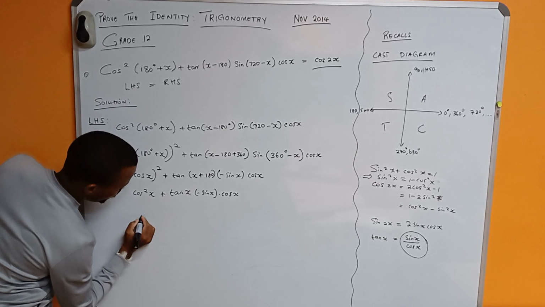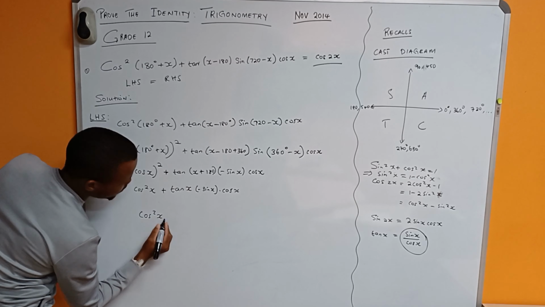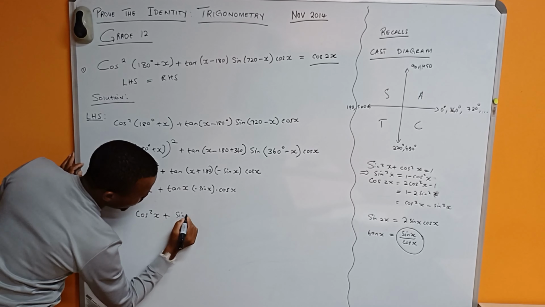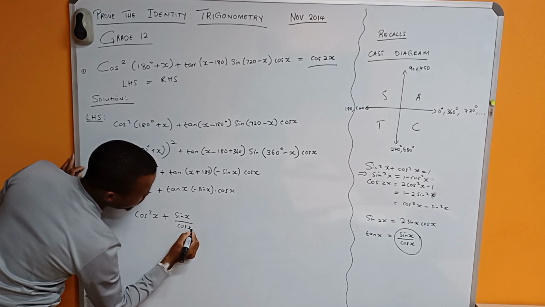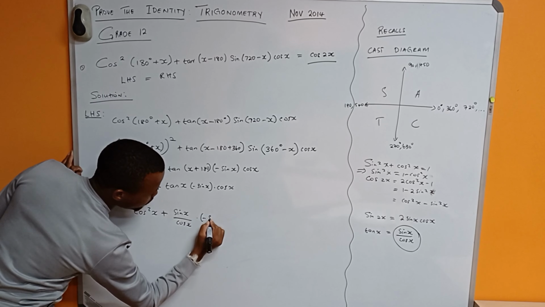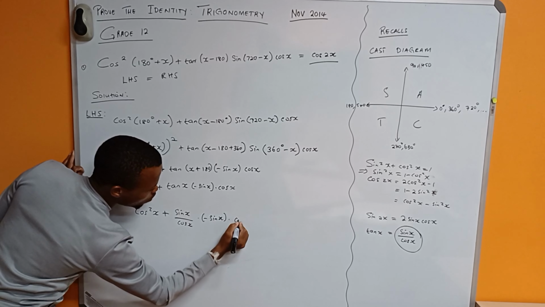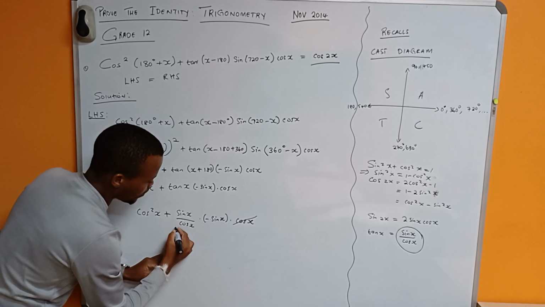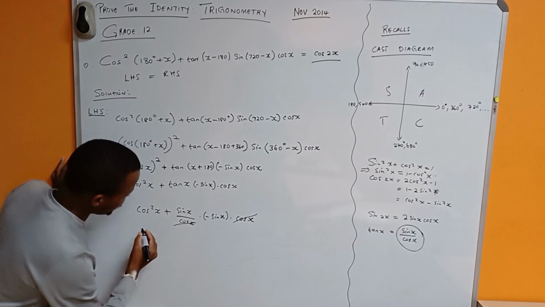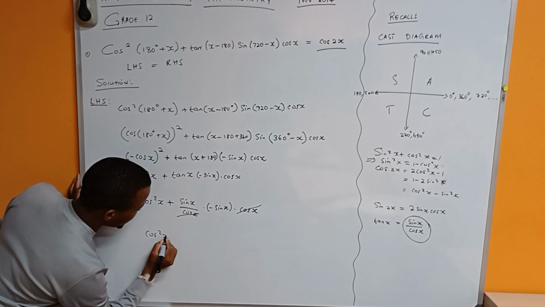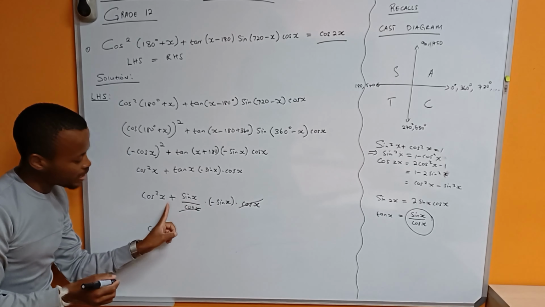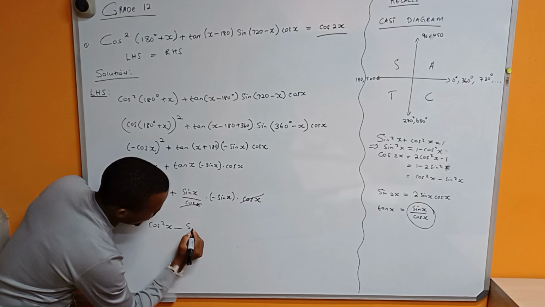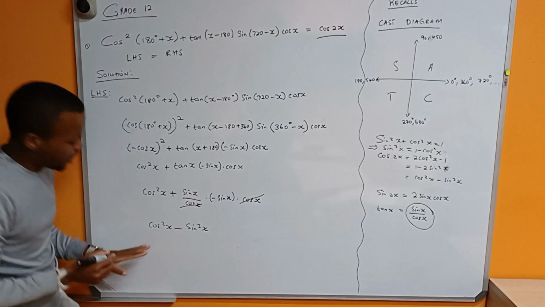So here you continue with cos squared x plus sin x over cos x times negative sin x times cos x. If you look carefully here, this cos and this cos cancel. You are now left with cos squared x, and this negative becomes minus sin x times sin x, which becomes sin squared x. This is what we have.